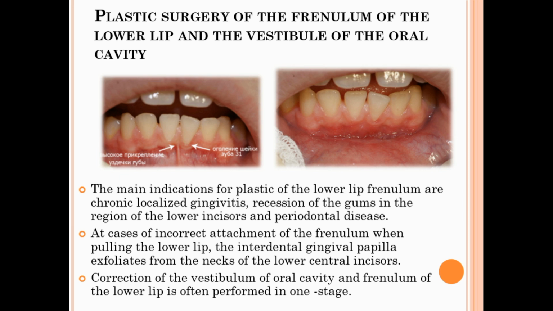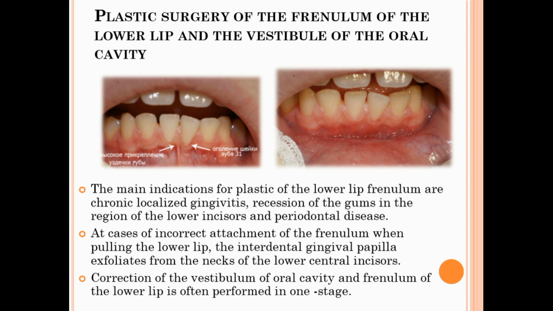The reason for the above-mentioned processes is the attachment of the frenulum of the lower lip close to the top of the interincisor papilla with the shallow vestibulum of the oral cavity, less than 5 millimeters.